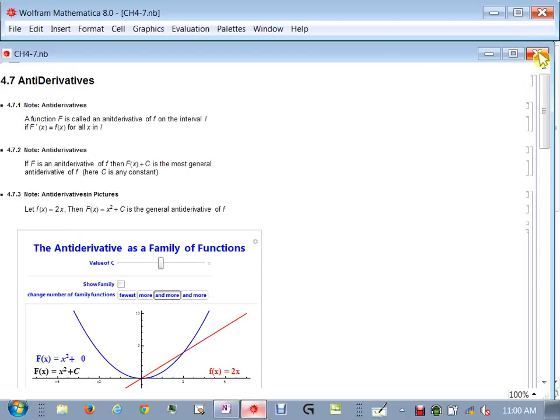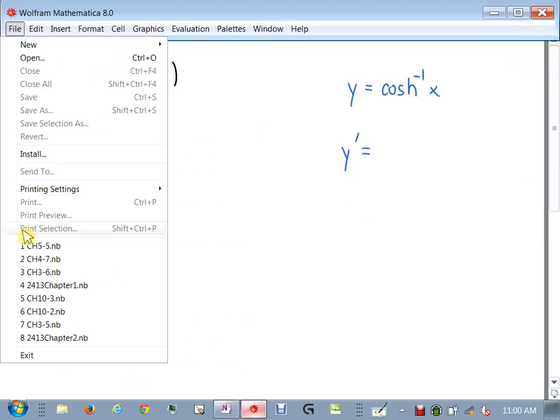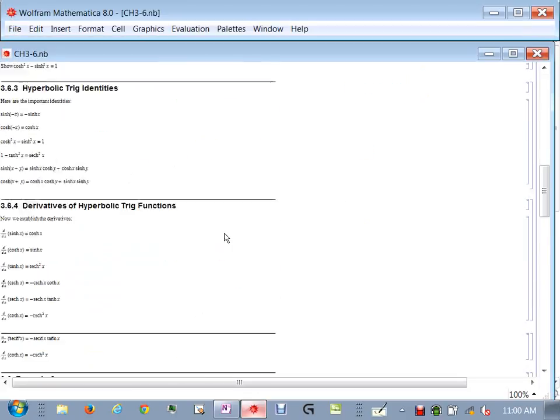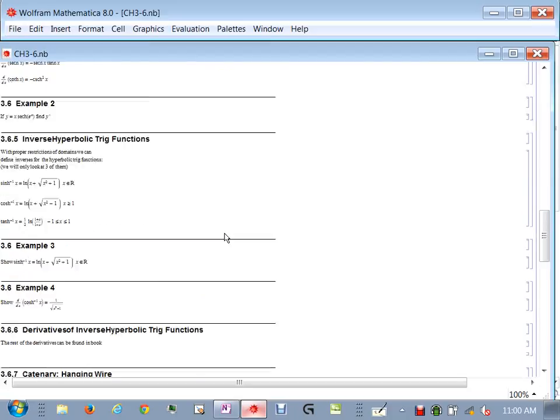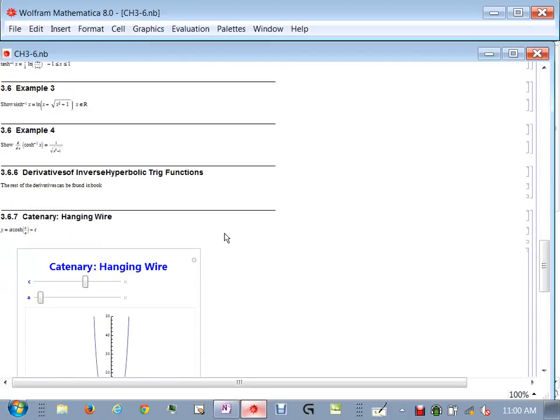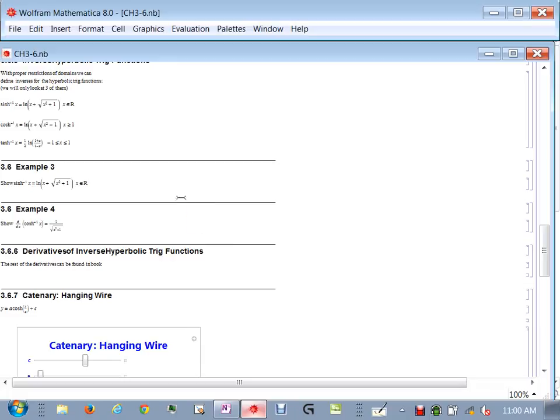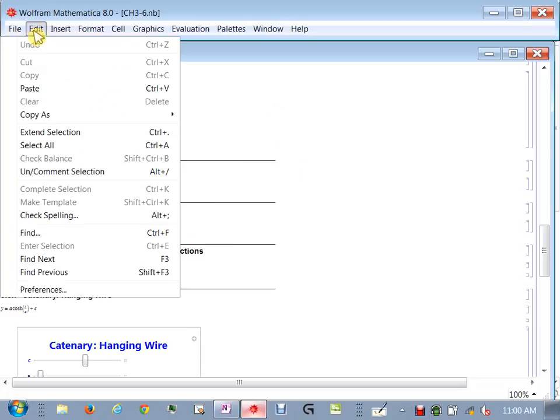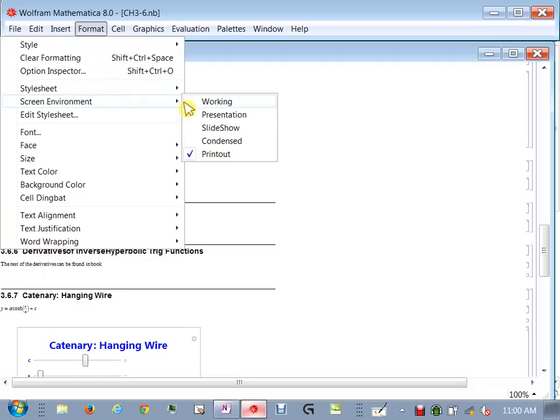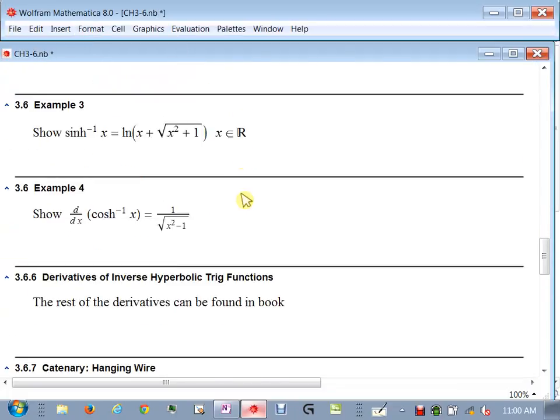It's not that one. Okay, hold on. Okay, this is it right here. This is the derivative of cosine hyperbolic inverse of x, right? Oh, there it is. Right, so that's your derivative.